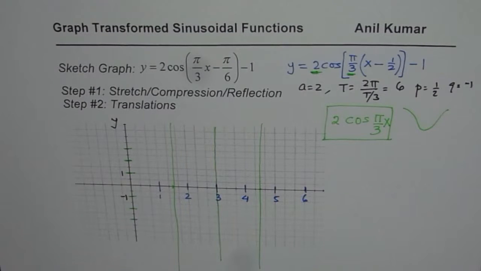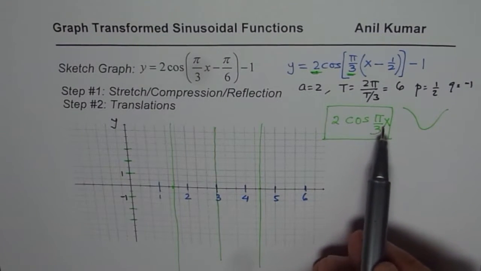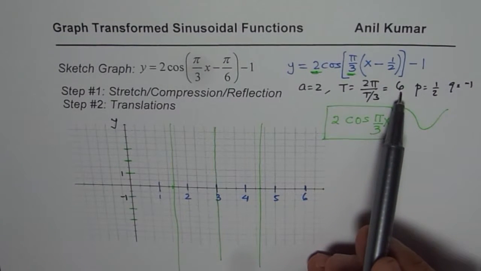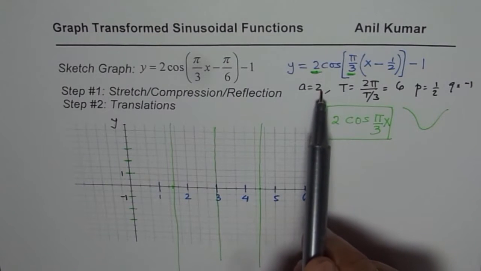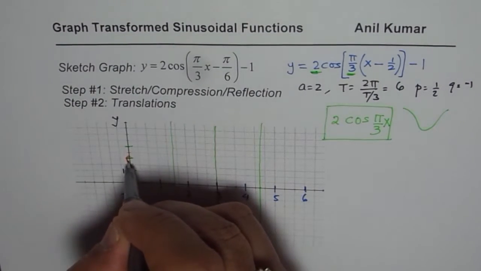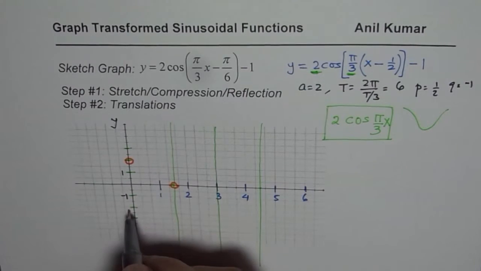Okay. Now let us sketch 2 cos πx/3. 2 cos πx/3, we know, has a time period of 6 units and amplitude of 2. Cosine function starts with the maximum. So this is 2 for us. So we'll start with maximum. Second part will go to 0. Third part minimum, right?